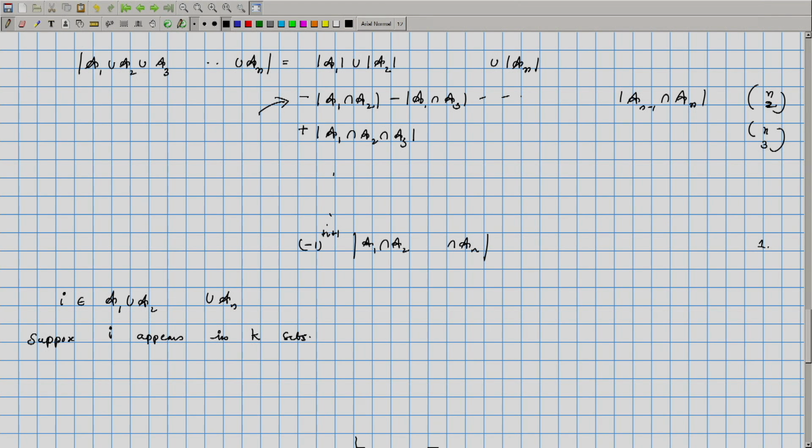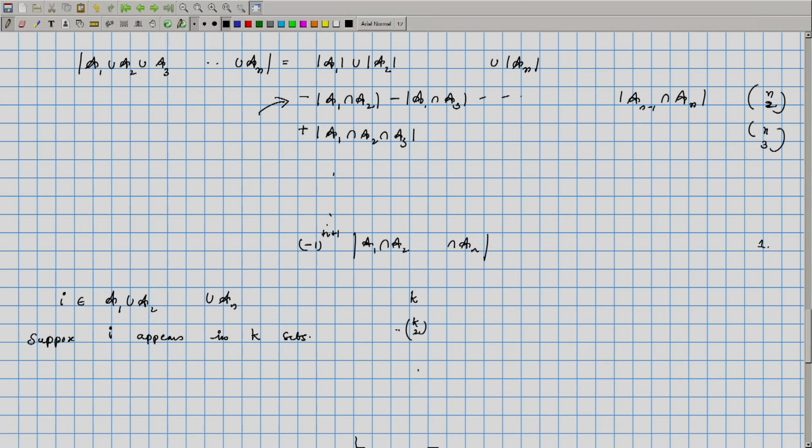So, you can see that in the first line there would be k terms, and from the second line there will be k choose 2 terms, and so on. If you add this up, you can see that they will add up to 1. So, the signs come appropriately.